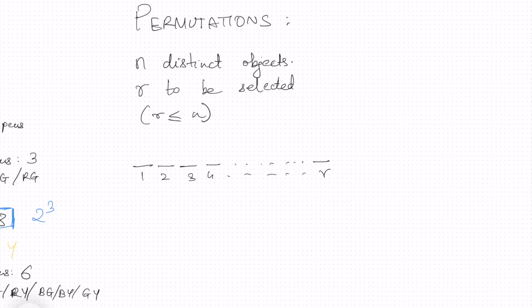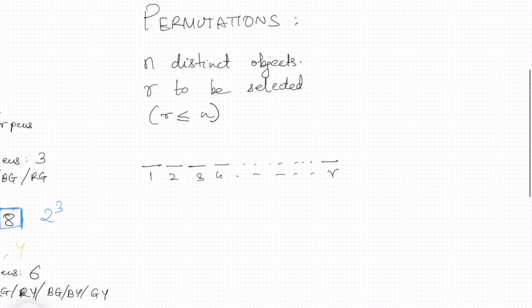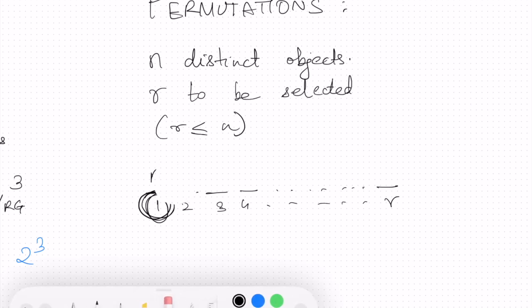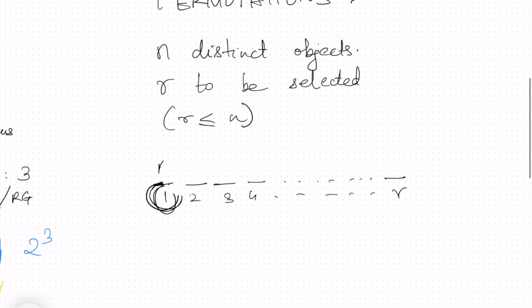Let's try to do a sort of analysis like we've done before for the previous problems. Now the first place can be filled in n ways. The first object can be selected in n ways, because I have n distinct objects available. Now the second can be filled in n minus 1 ways.